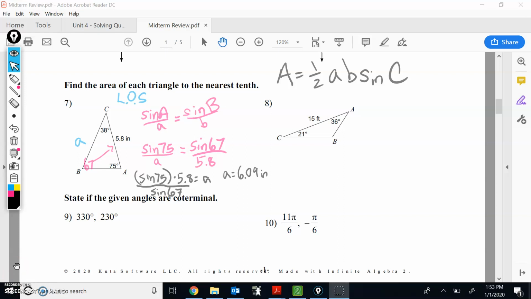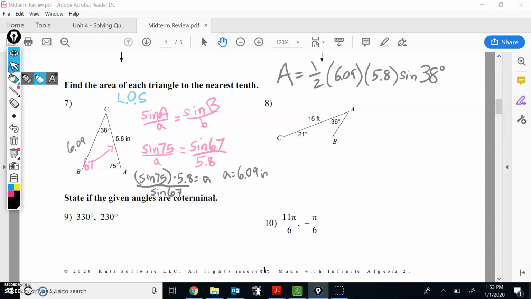Now we have everything we need for our area formula. I'm going to plug everything in. So we get A is 6.09, side B is 5.8, and then we have sine of the angle C, which is 38 degrees.